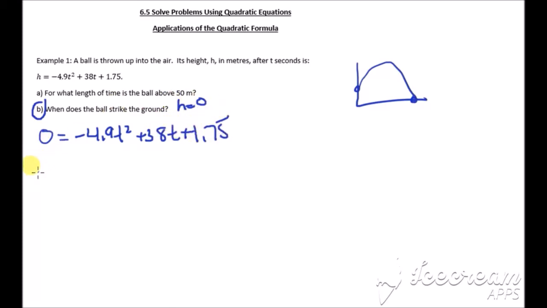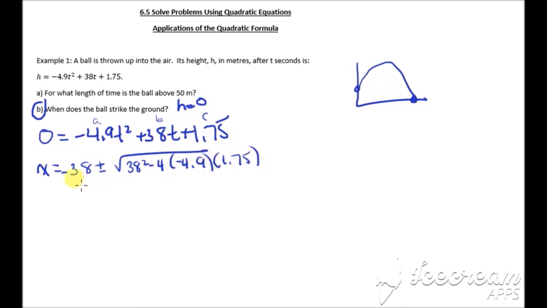Okay, so we have x equals, and remember this is a, b, and c. This time our c is 1.75. So negative b plus minus the square root of b squared minus 4ac, all over 2a.